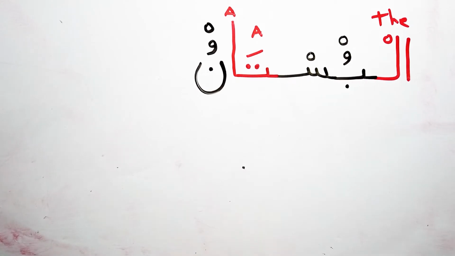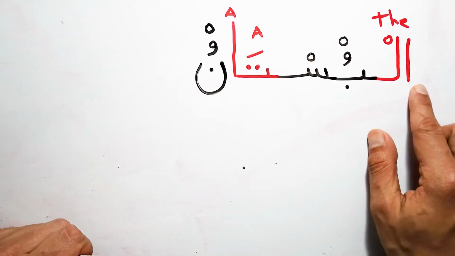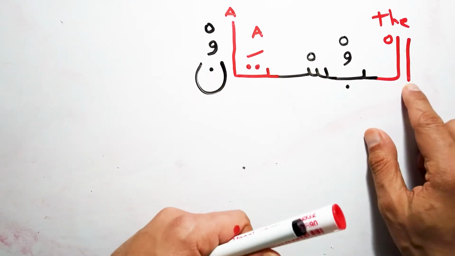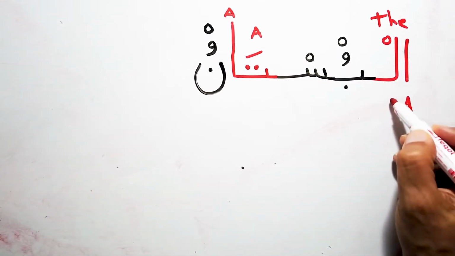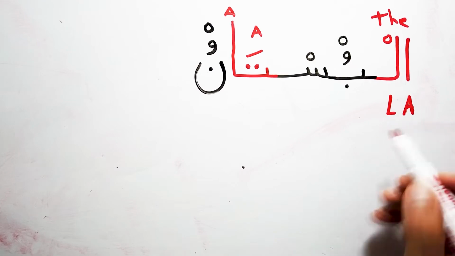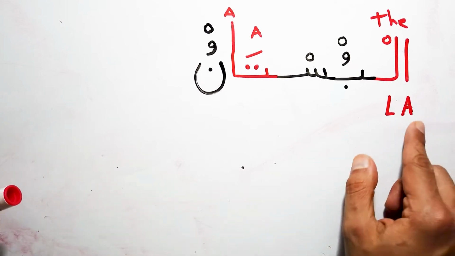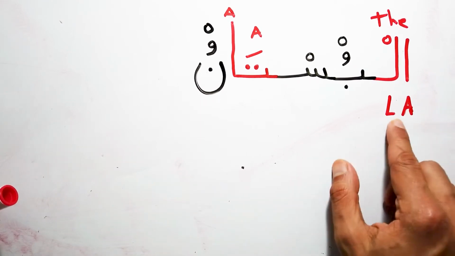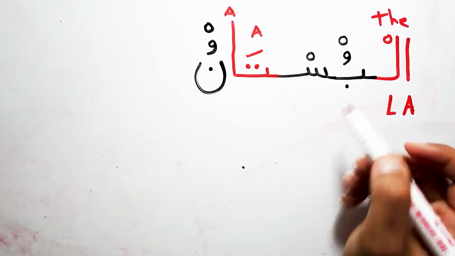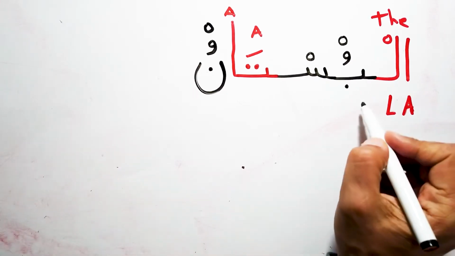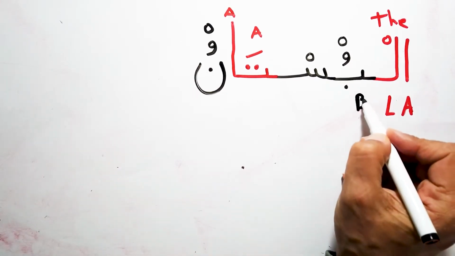Okay, let's see. Here, this one sounds L. So that one in the beginning sounds like letter A, and that one sounds like letter L. I'm writing English from the right side. Bu. That one sounds like B, right?